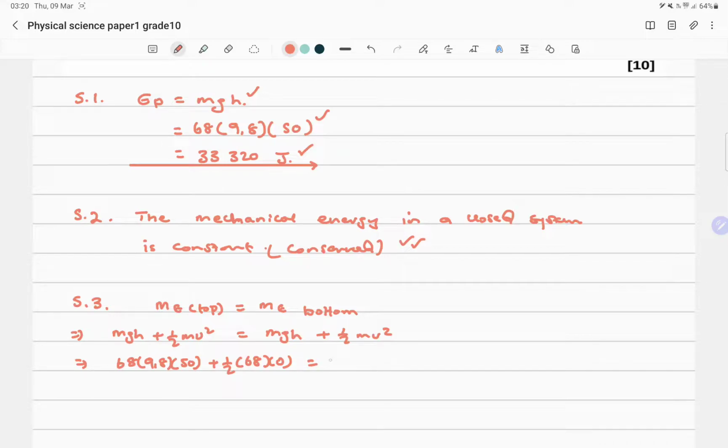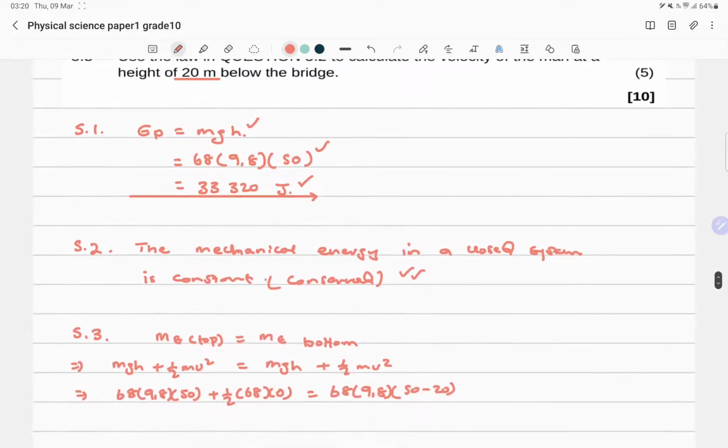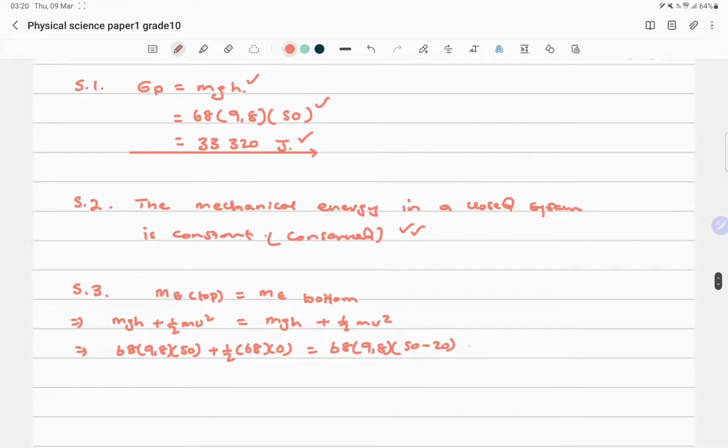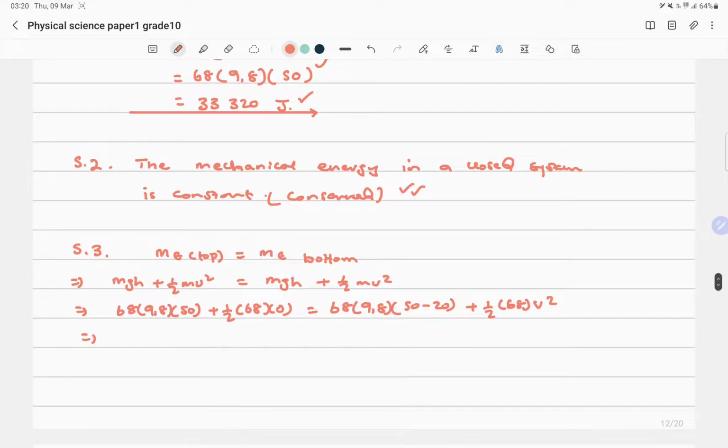So here now we're going to have mass, which is 68 into 9,8. Now the height is going to be 50 minus 20, just to show that calculation instead of just plugging in a 30. We don't know where it's coming from. Sorry, plus half into 68 into v squared. That's what we want, okay? Let's clean stuff up.